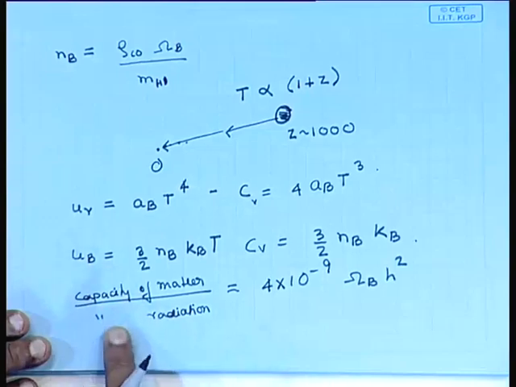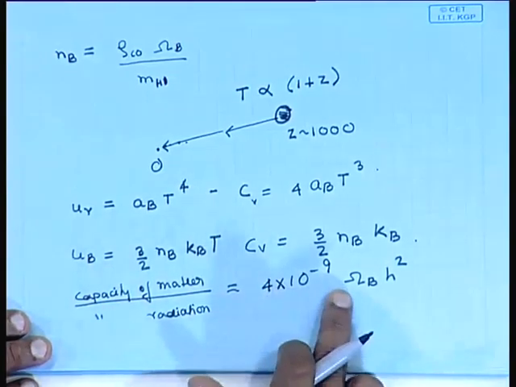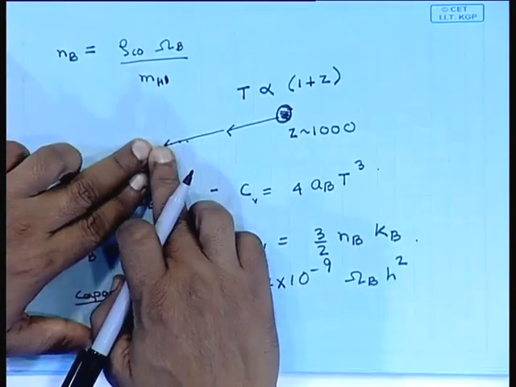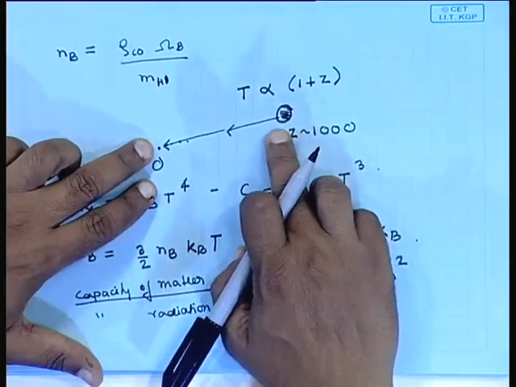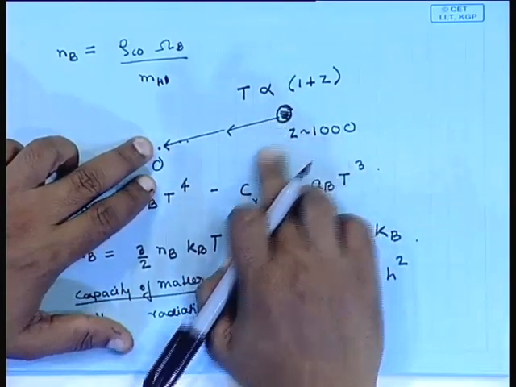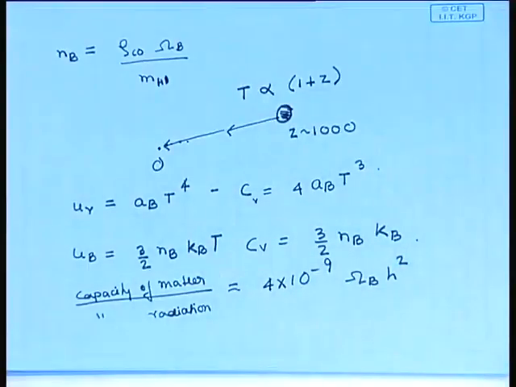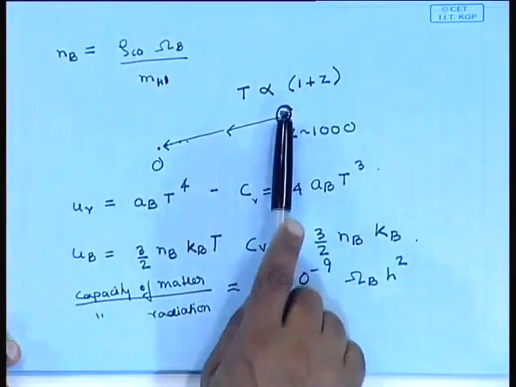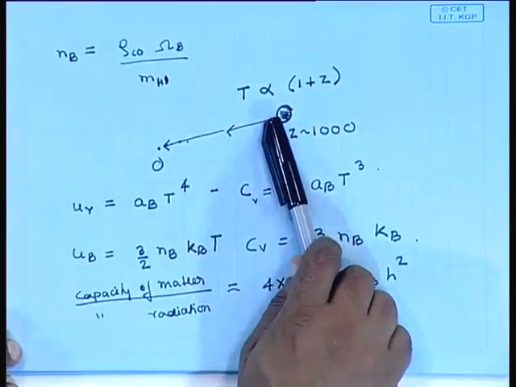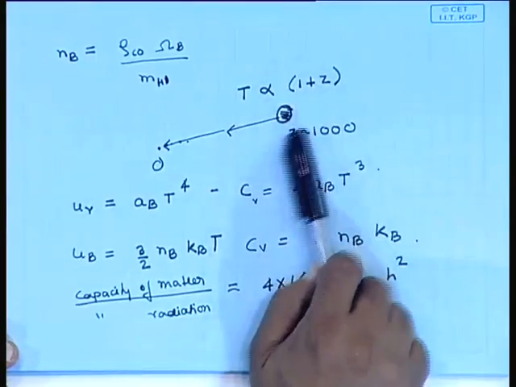This number, the ratio of the heat capacities, is an extremely small number. So what we learn from this is that when the radiation comes to equilibrium with the matter, the radiation is not affected. It loses a very small fraction of its heat, 10 to the power minus 9 or less, depending on omega baryon h square. So the thermal radiation that we see now would have continued to be the same thermal radiation even when it was in equilibrium with the matter.